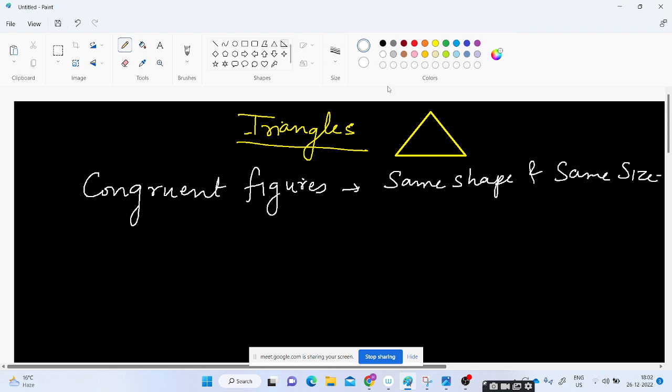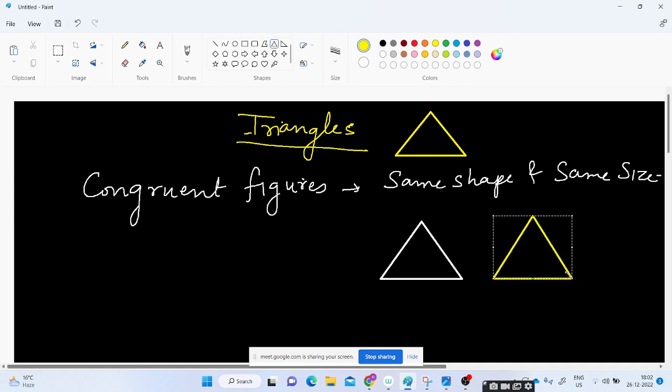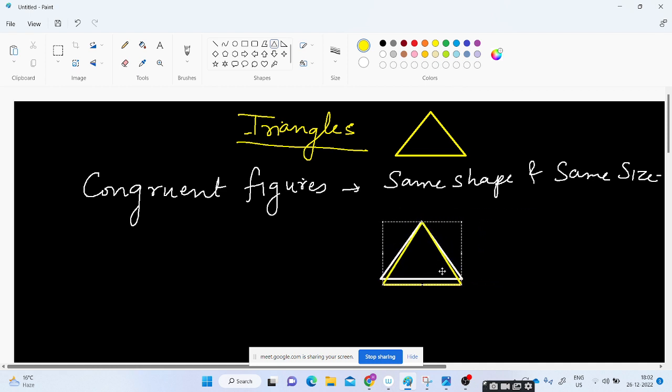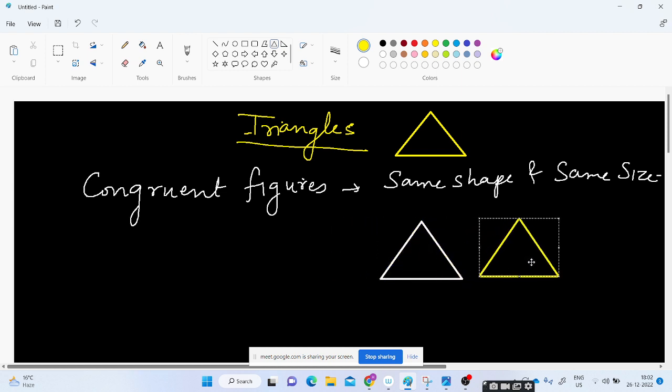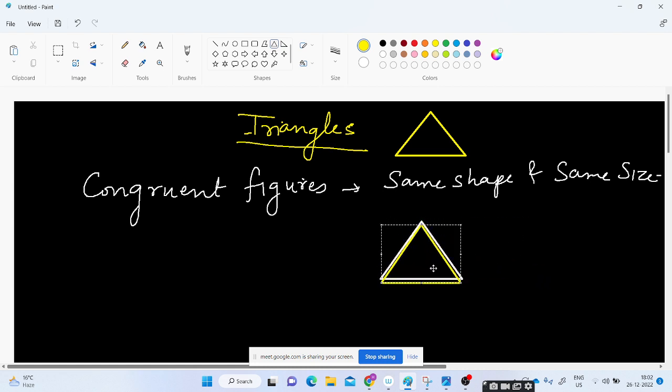So suppose we have this one triangle and thereafter we have another triangle. If it is going to superimpose over it, we call these two congruent triangles. Same shape, both are polygons with three sides, and the size is also the same.